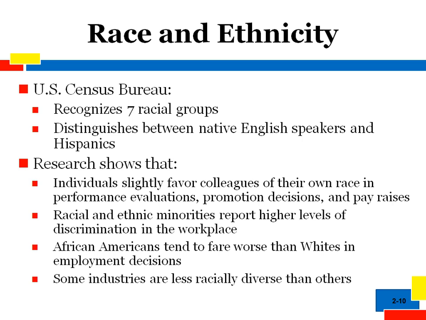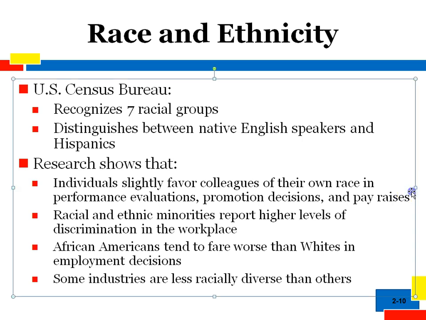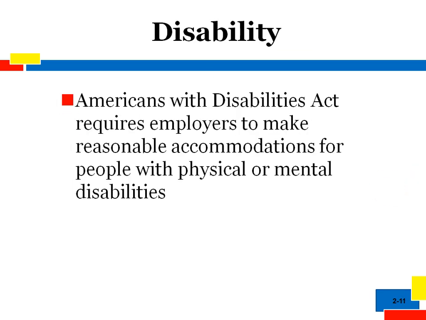The research is quite conclusive. And African Americans tend to fare less well in employment. You could look at this in their unemployment rate, in their comparative wages. But some industries are better than others, because not all industries have the same aspects. All right. Let's look at disability.